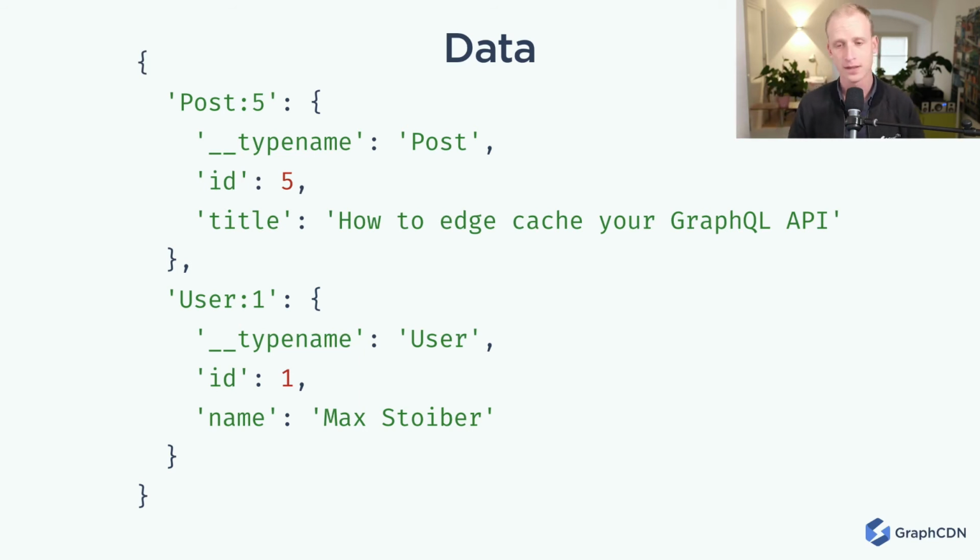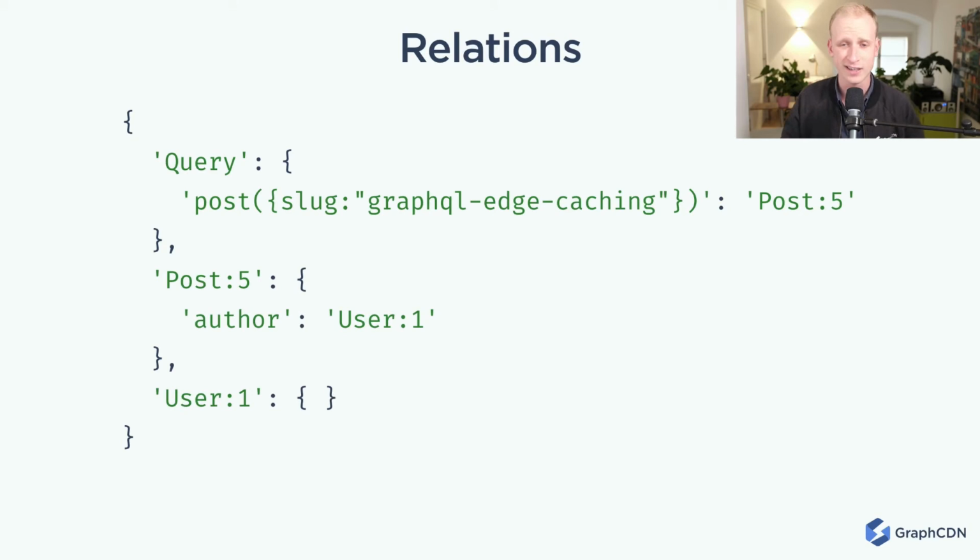It's kind of nice. Now, what you might be wondering here is, but Max, what about the post's author? There's post.author just doesn't exist anymore. And that's because relations or links are stored separately in a separate data structure most of the time. All GraphQL clients do this slightly differently. This is what Urql does. They store relations in a separate data structure that looks like this, which essentially is just saying, hey, if the post with the slug graphql-edge-caching is queried, then that means the post with the ID 5.